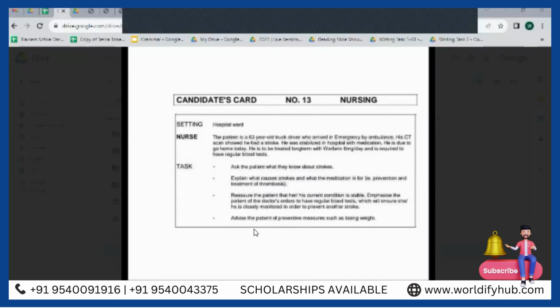We have to ensure that the patient feels safe through your words, and the patient knows that his condition is stable. We are not supposed to scare the patient with our words. We are supposed to calm the patient down and build trust with the patient using empathetic dialogues. So emotional intelligence plays a very big role over here.